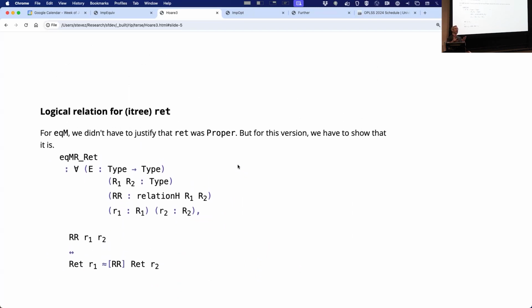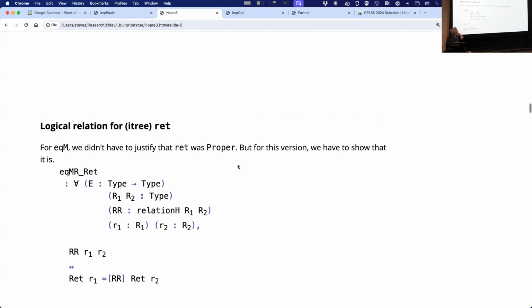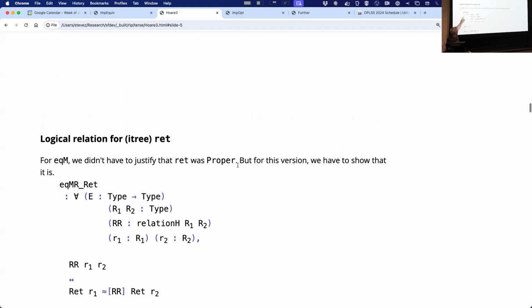OK, so as an example, you'll remember that when I introduced bind and we had return, we had to have these properness lemmas. These are the logical relations that show that they're respecting the equivalence. So here is what the logical relation for R looks like for ret. It basically says the return constructor of an I tree will be related to some other return constructor.